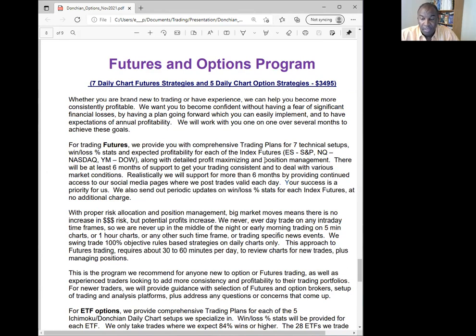That is 7 index future strategies and 3 currency future strategies. Together, it's probably one of the better deals to trade them both, because together it's beautiful trading.